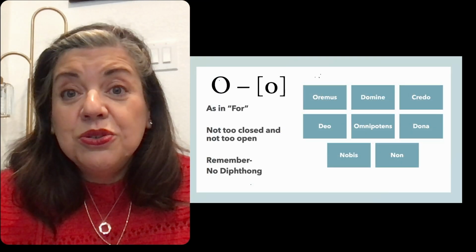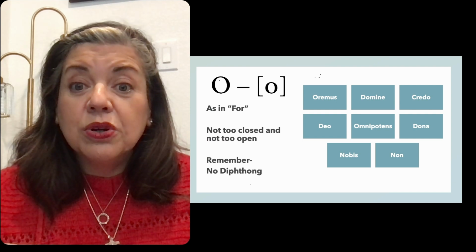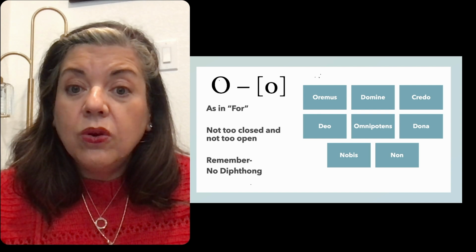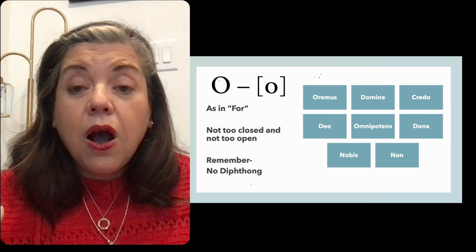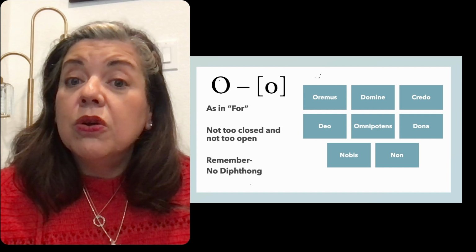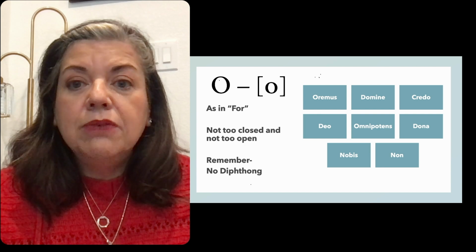We move on to the O vowel, which we will pronounce as in the word for, o, not too closed and not too open. And remember, we don't want diphthongs. We're not going to say oremus with a glide.